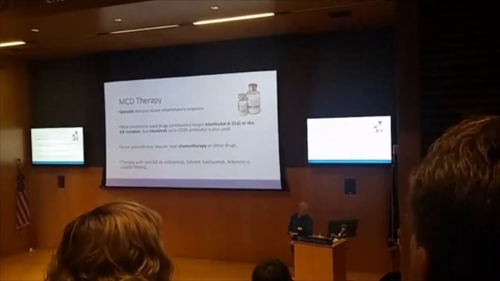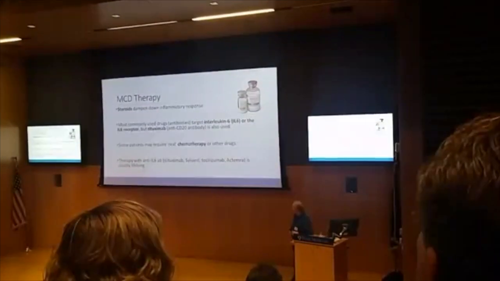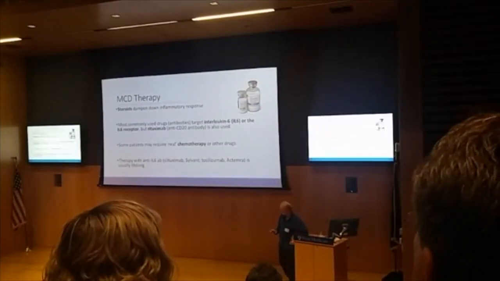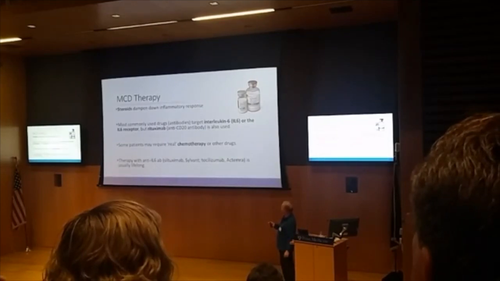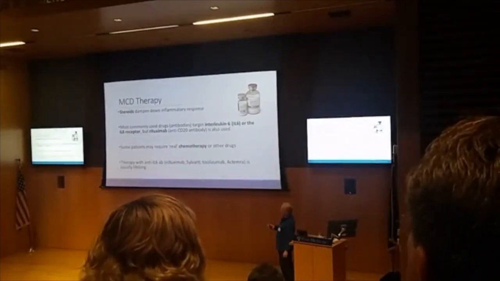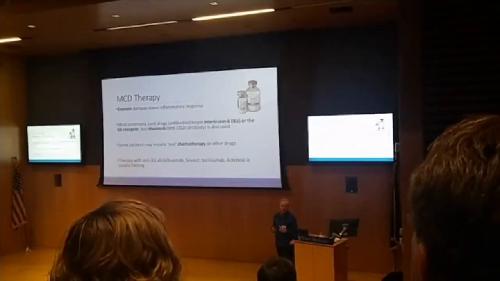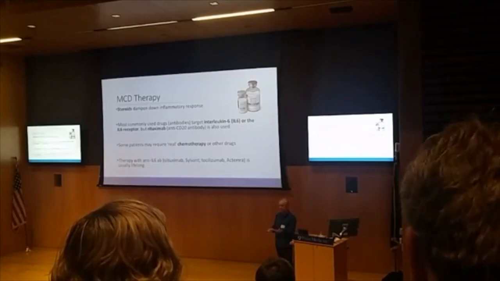Then there are the antibodies which target either interleukin 6 or the interleukin 6 receptor. They're listed here below. There's siltuximab or Sylvant and tocilizumab or Actemra. They're probably both equally effective. The problem with these antibodies is that if you stop them, patients eventually will relapse.